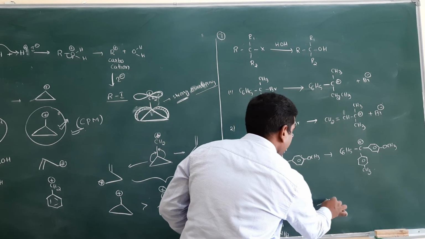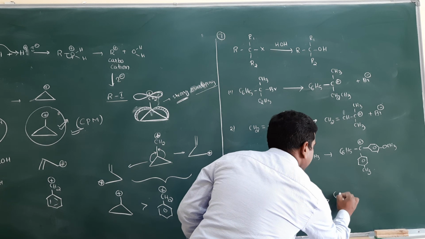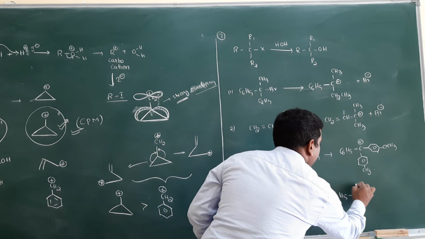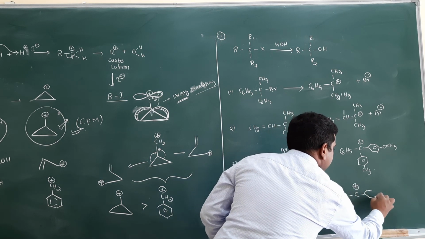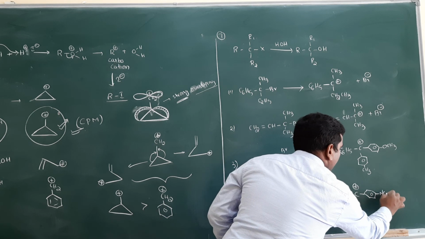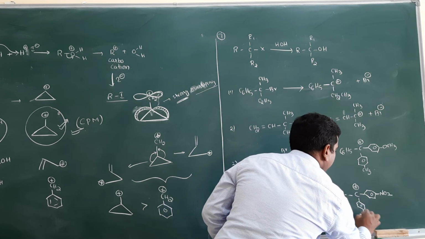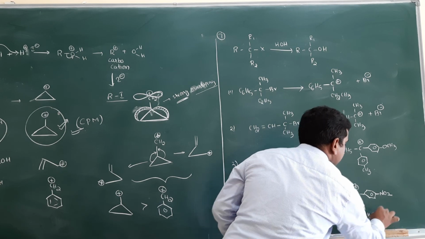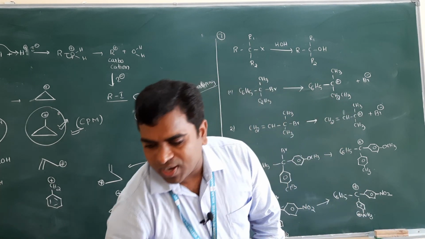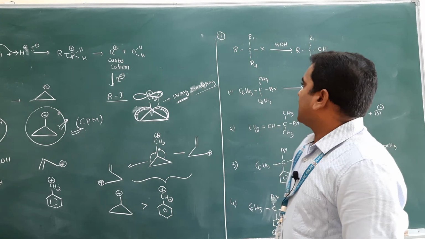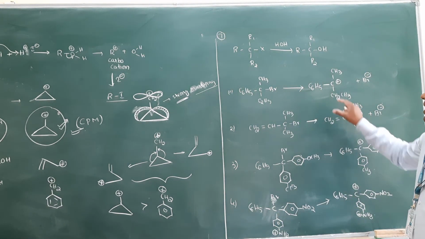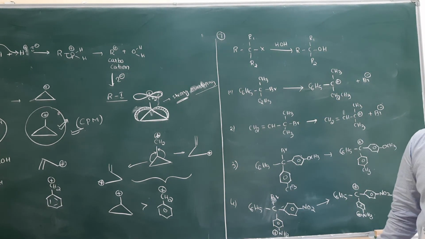Then what carbocation you will get if I write? This is C6H5 and C plus, and here there is a NO2 group, and here there will be a benzene and N plus and H3. This is. Now I already mentioned here, the maximum racemization means the carbocation should be most stable.